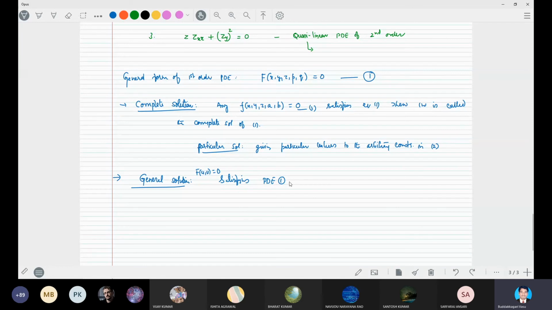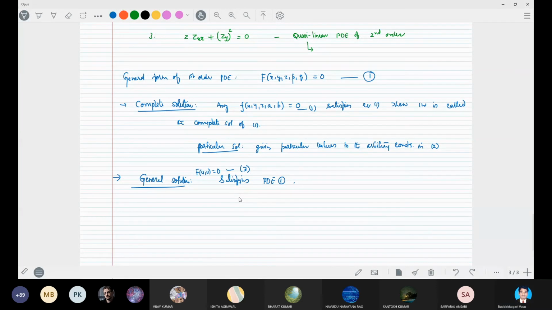That means arbitrary functions were involved. Suppose any arbitrary function is involved in the equation which satisfies the differential equation 1, then the solution 3 is said to be the general solution of the differential equation.